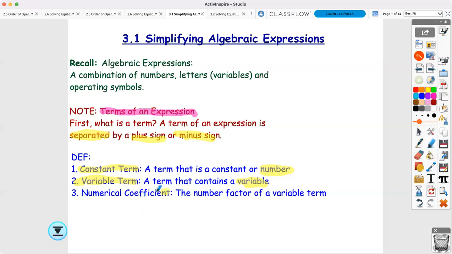Now the new numerical coefficient, guys. Some variable terms have numbers in front of them. Like for example, 7x, that's a variable term, right? But the numerical coefficient of this term is 7. This is the number factor of a variable term.